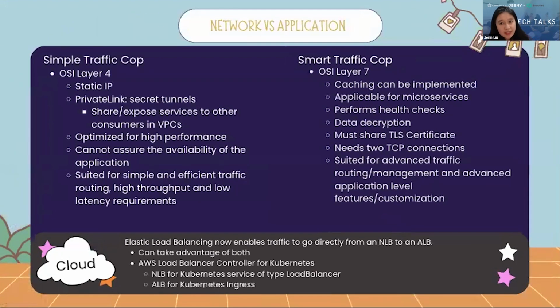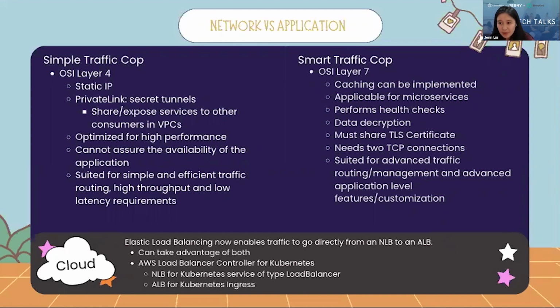So, differences between network and application load balancers. You can think of this as a simple versus a smart traffic cop, with the simple traffic cop being layer 4, or network load balancer, versus the smart traffic cop, which is layer 7, the application load balancer. For the simple traffic cop, layer 4, they provide support for static IP, whereas layer 7 does not provide that support.